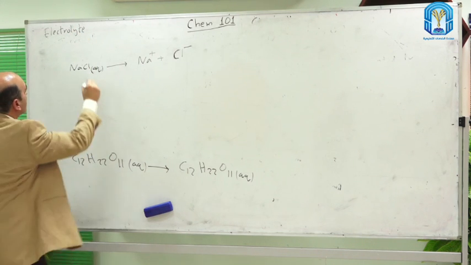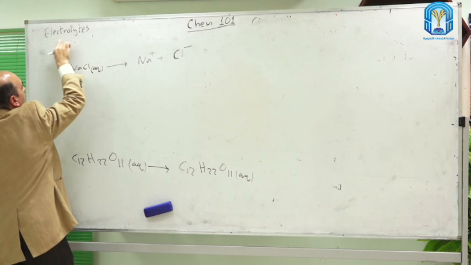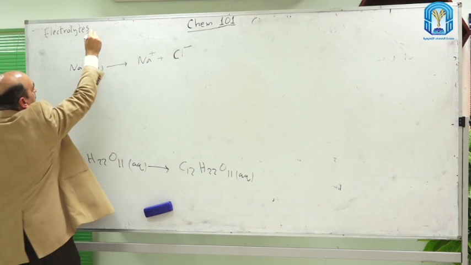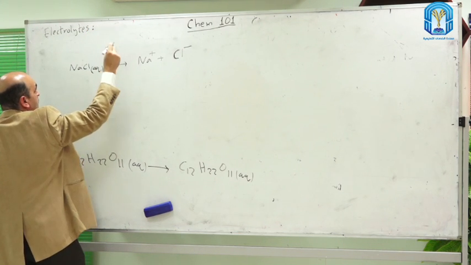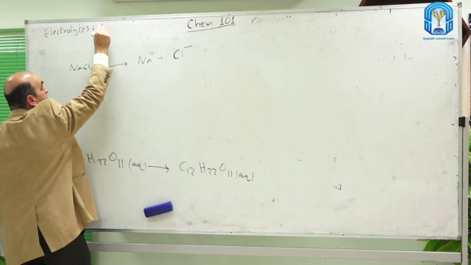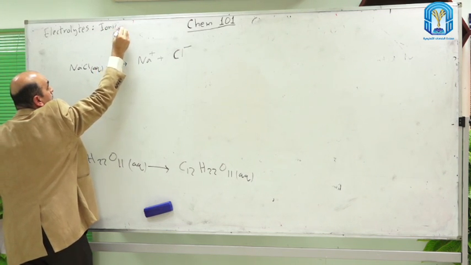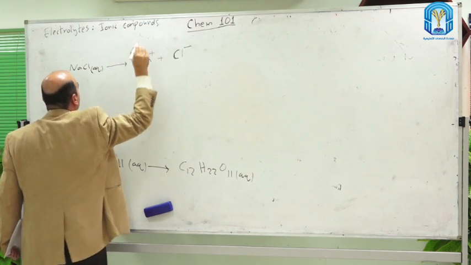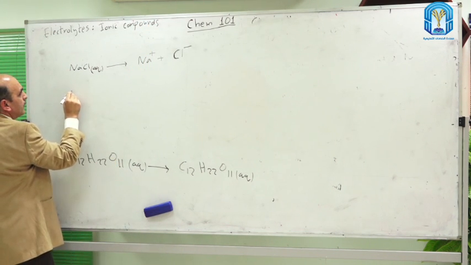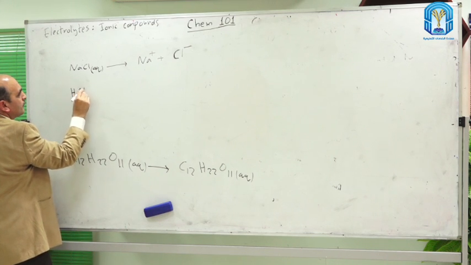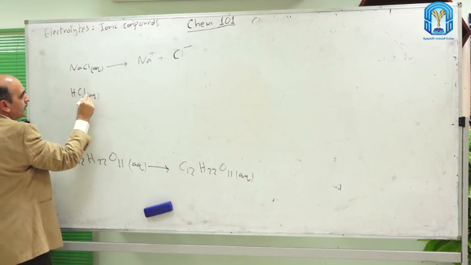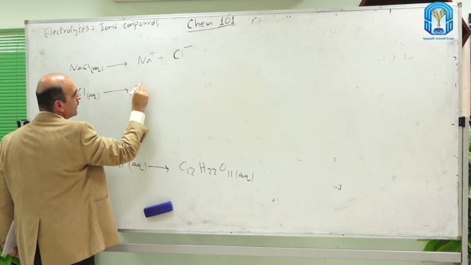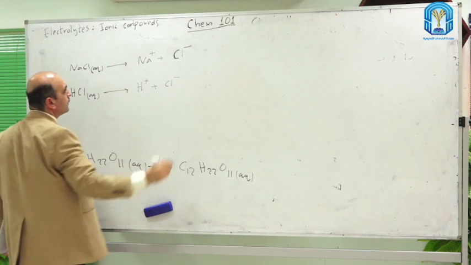So the solutions that are electrolytes are ionic compounds. As we see, sodium chloride is an ionic compound. And also, if we take the acid, HCl, in water, it will also ionize completely to H plus and Cl minus.